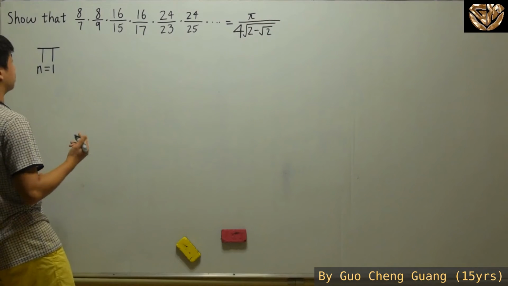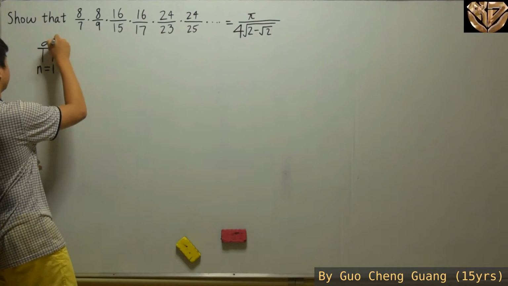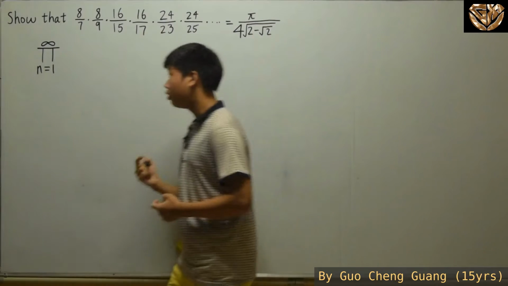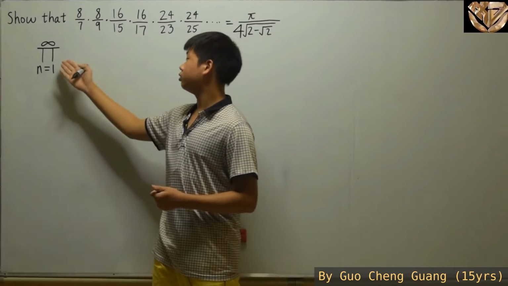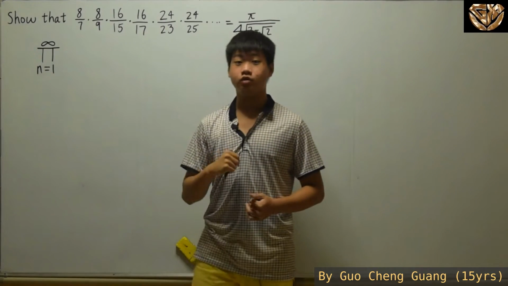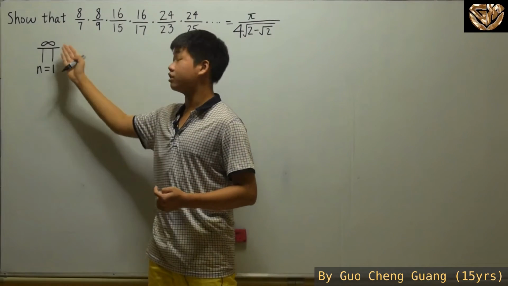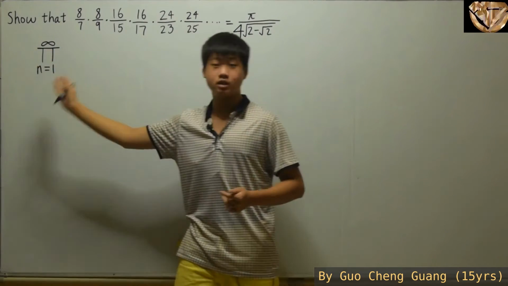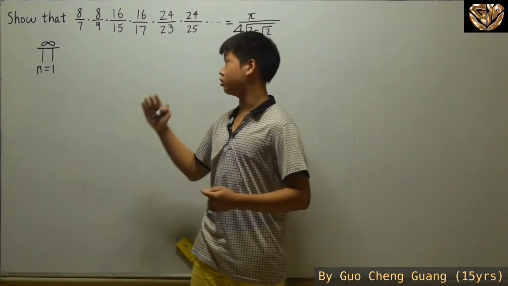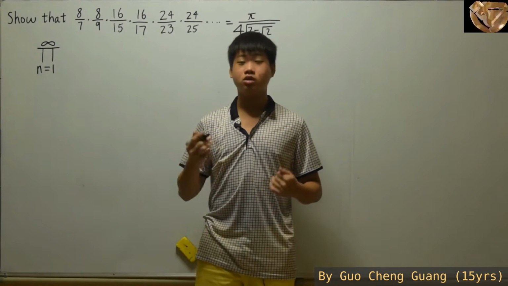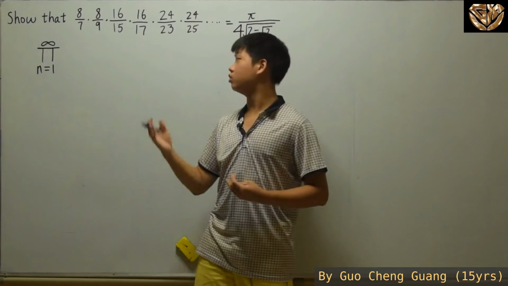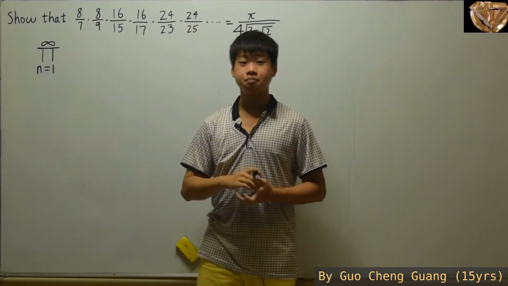One way is to directly put until infinity, while the other is to put it as some variable that you make. If you put it as a variable, in front you need to have a limit, and that variable approaches infinity. Those are the 2 ways you can choose to write your pi notation.